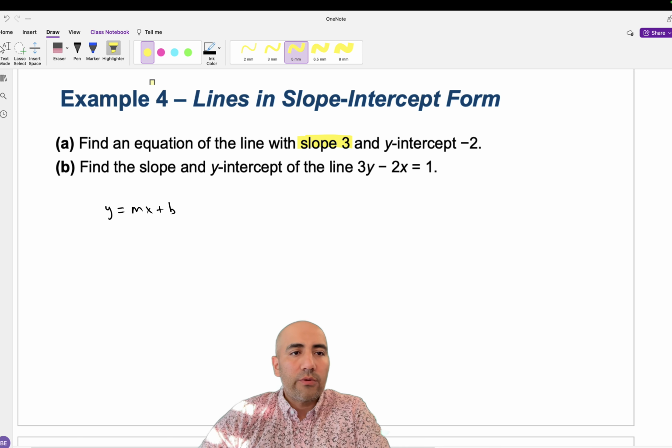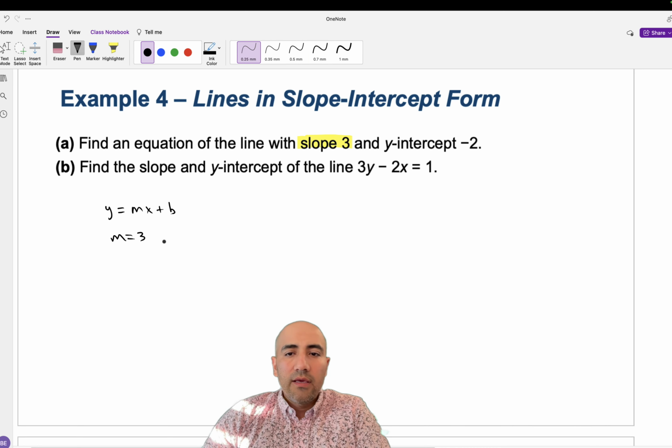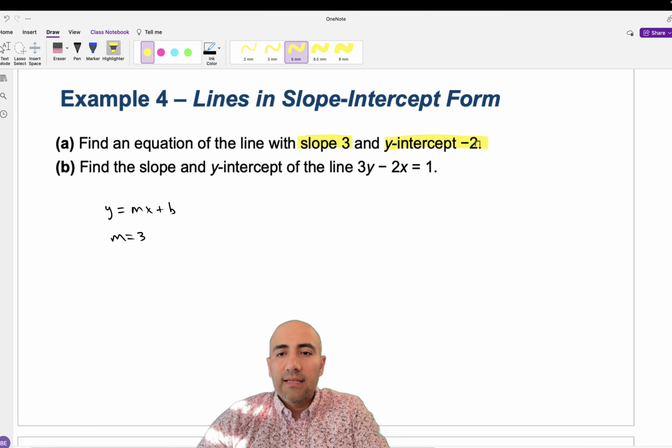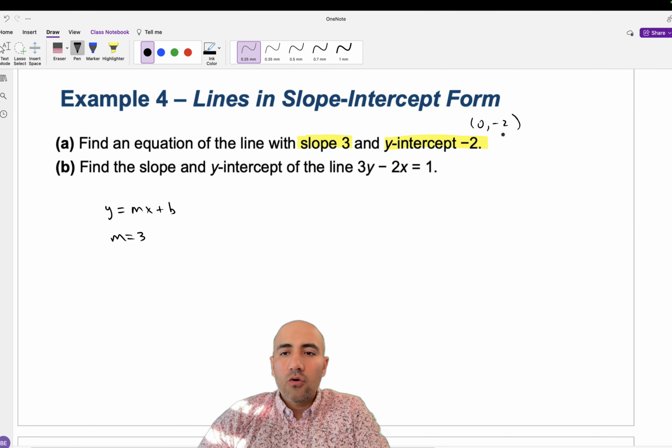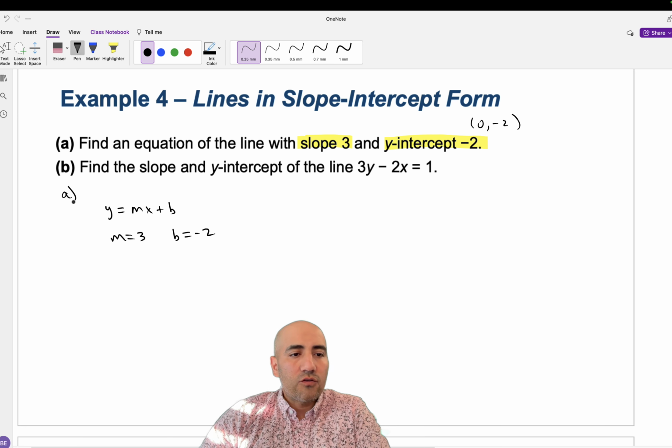Slope is 3. So I know that m equals 3. And the y-intercept is given to be -2, which really means it's (0, -2). And so the b is -2. b equals -2. Good. Well, this is the solution for a.